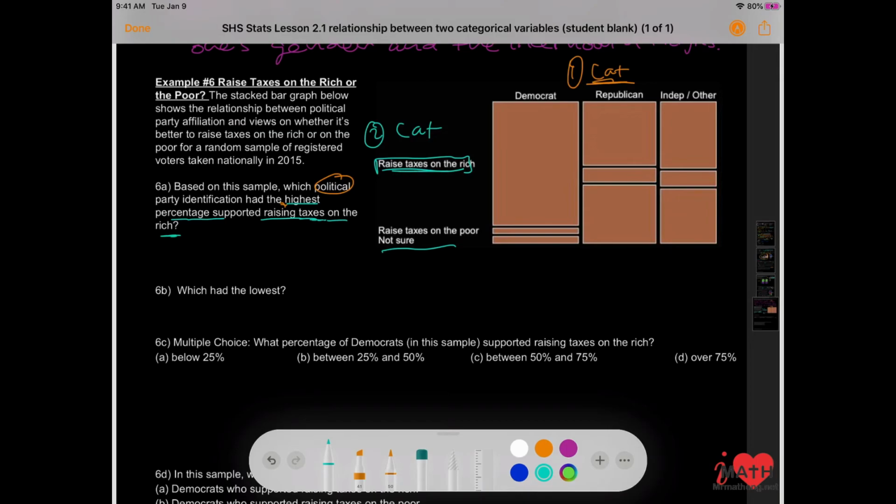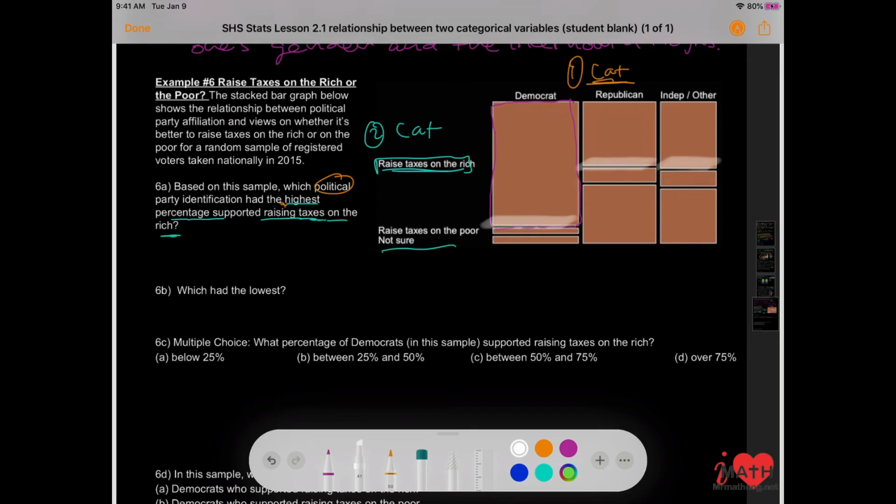And which one is more closely associated with that? Well, I think the biggest one is this one. So all the top graphs, if you think about it, let me highlight it for you. Raising taxes on the rich is everything above my white line.